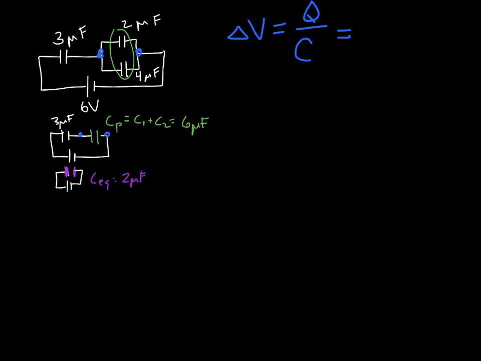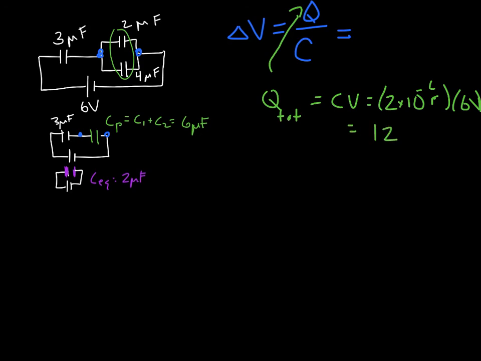So let's say that Q through the equivalent capacitor, again, you know that Q total equals CV. In this case, we're looking at the entire circuit, because we're going to plug this in here. Capacitance total, this is 2 times 10 to the minus 6 farads times 6 volts, equals 12 times 10 to the minus 6 coulombs.